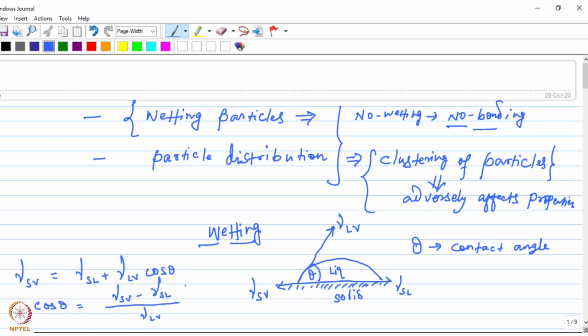Okay. So for a good wetting to happen, theta should be small. First of all, it should be less than 90 degree, and lower the theta, better will be the wetting.